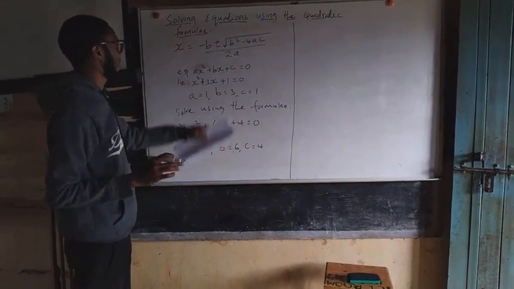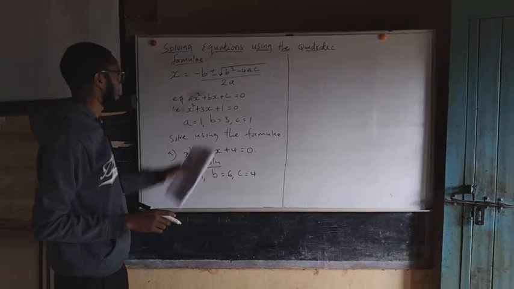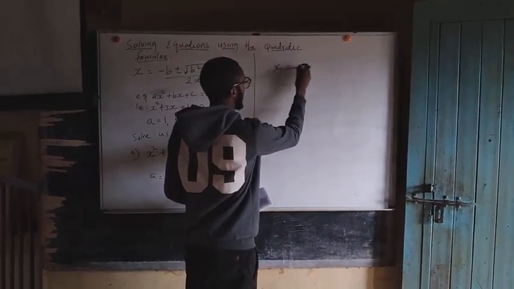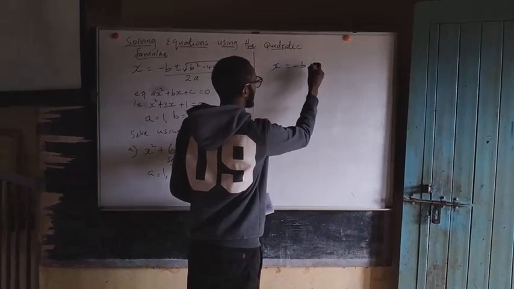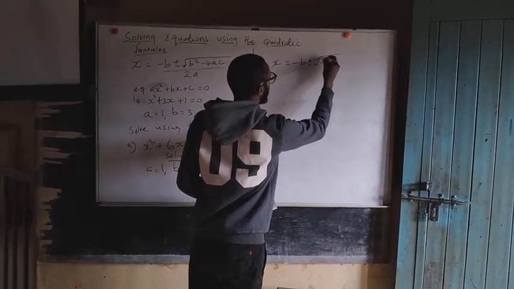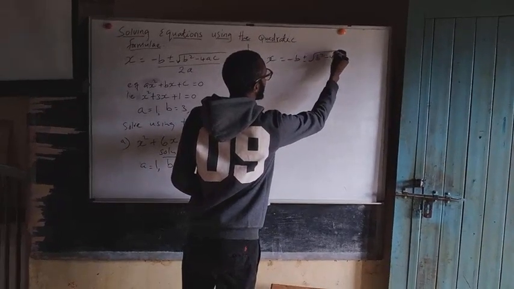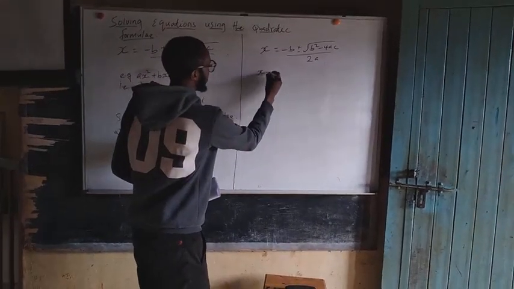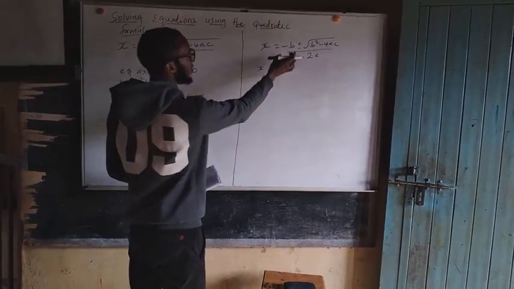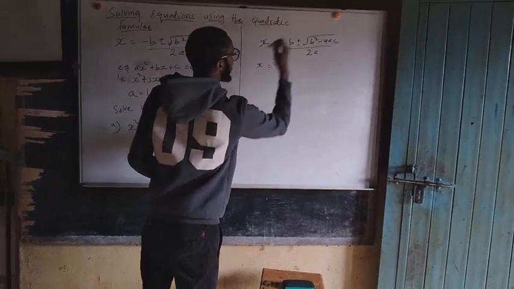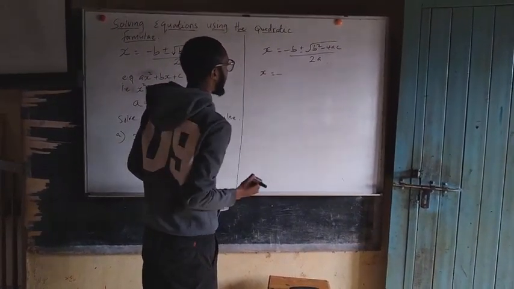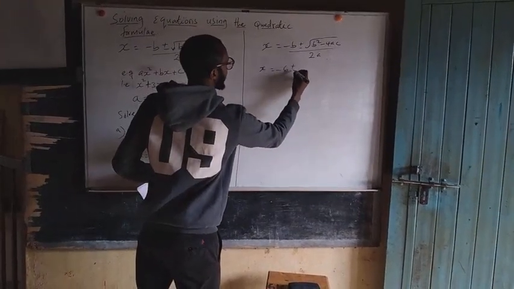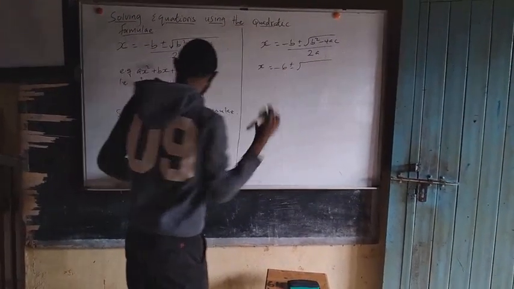And then from there, we just replace them in our quadratic formula. Remember we said the quadratic formula takes this form: minus b plus or minus the square root of b squared minus 4ac, over 2a. Now x equals minus b. Our b here is 6, so we say minus 6 plus or minus the square root of b squared.